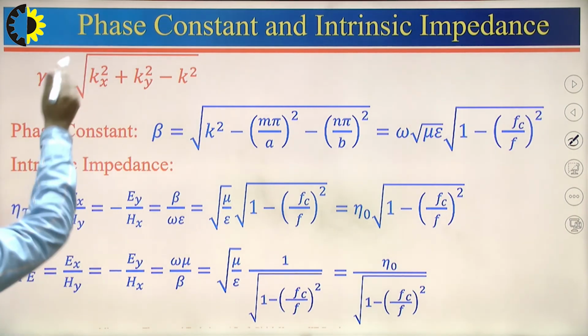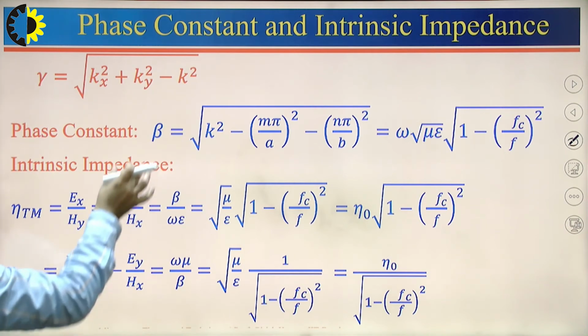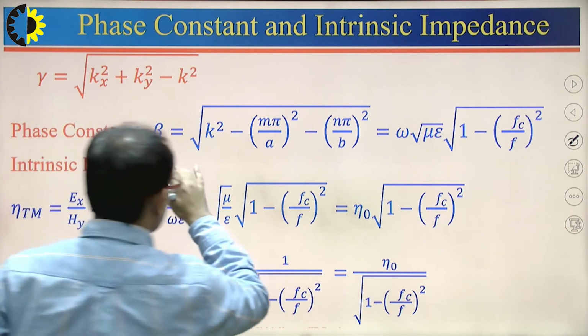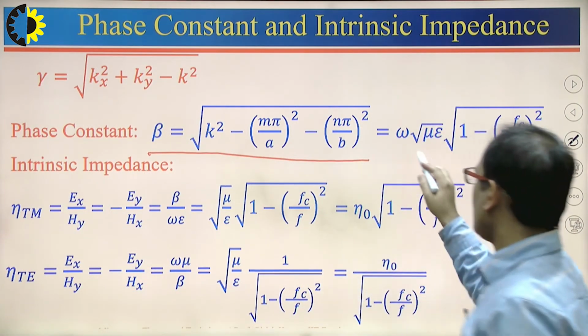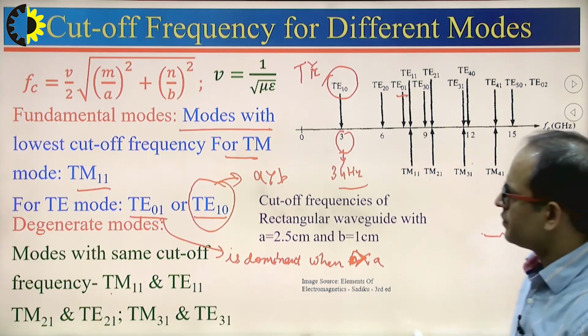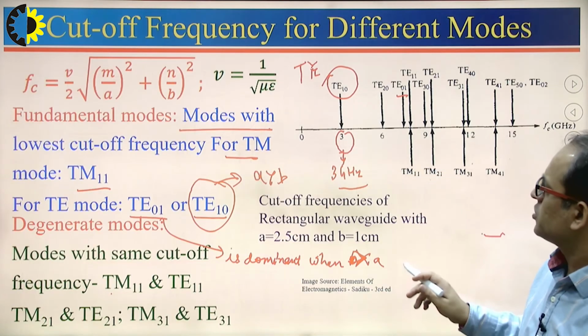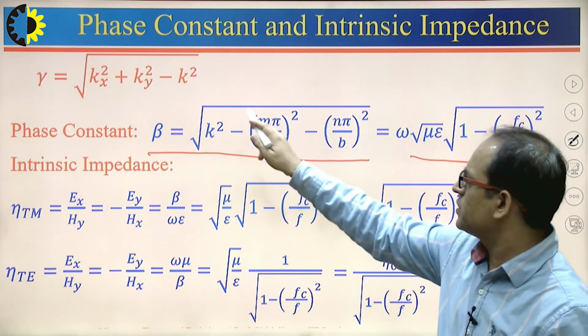Now see here, what is the phase constant and the intrinsic impedance? This is gamma, and the phase constant will be beta. Beta comes out to be this one. So beta is, as we know, fc is what? This one. So just put this value here.